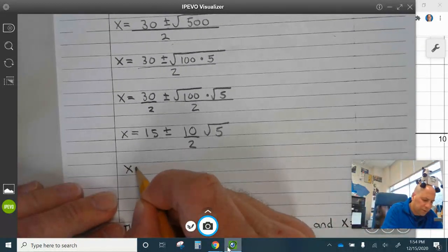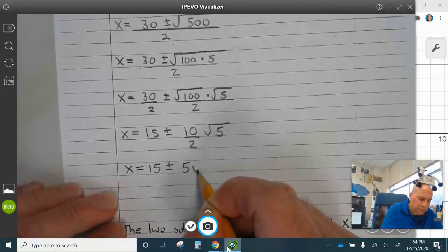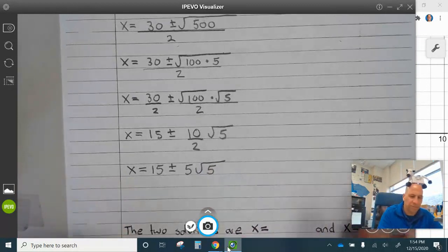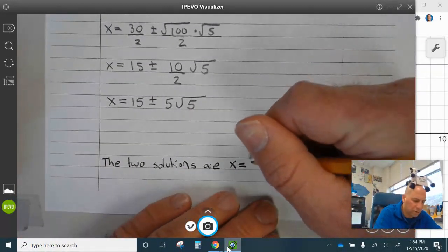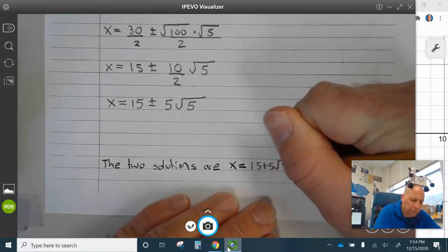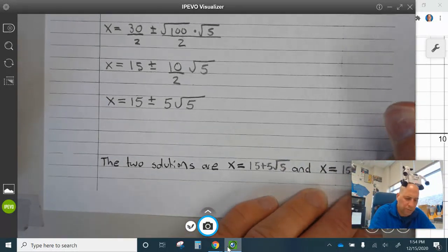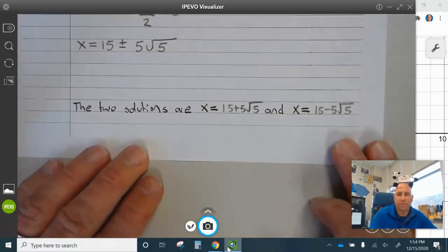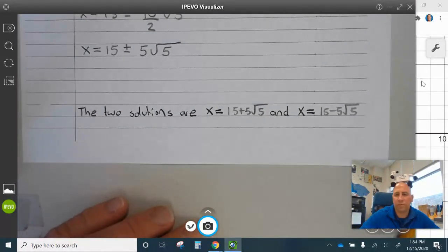So x equals 15 plus or minus 5 square roots of 5. Okay, there are two solutions: x equals 15 plus 5 square roots of 5, and x equals 15 minus 5 square roots of 5. All right, go ahead and finish up your examples and have a wonderful Wildcat day.